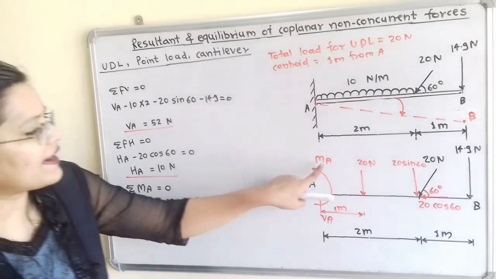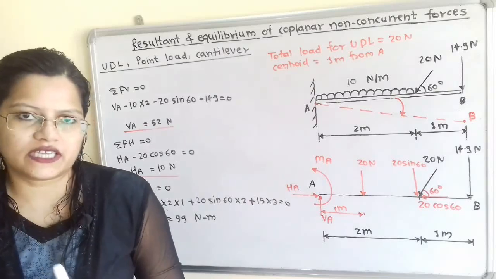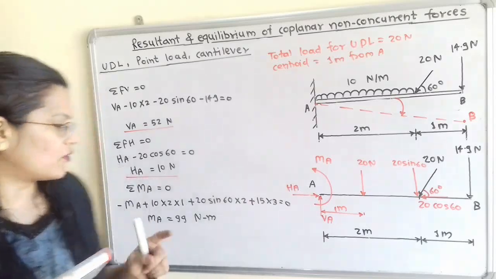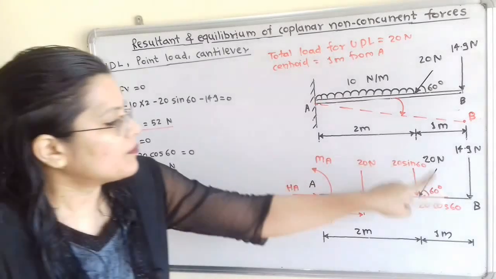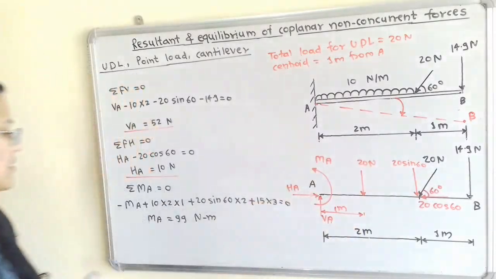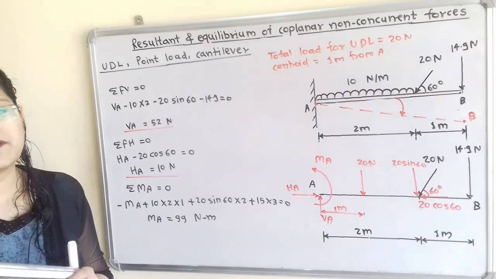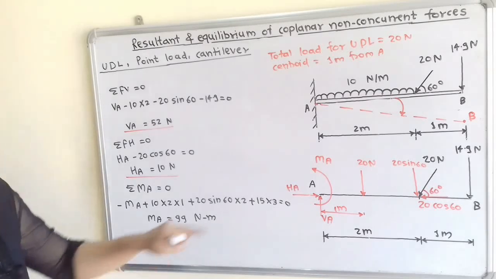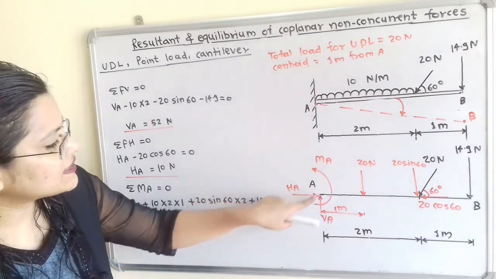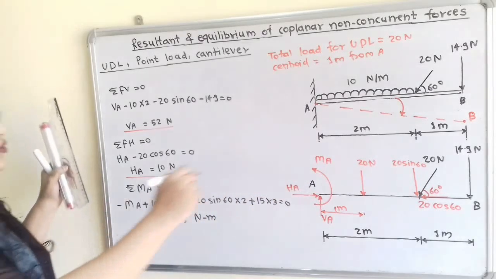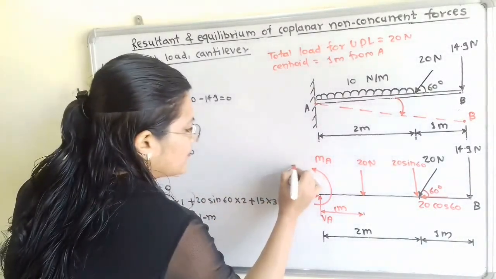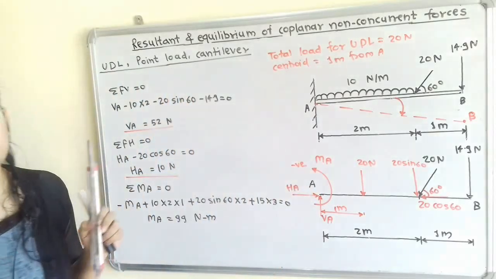Now we have to find out the moment about this A. How to find out? Summation of moment of all these forces about this point A is equal to 0. The moment at A is MA and it is in the anti-clockwise direction. For anti-clockwise direction we will use negative sign.